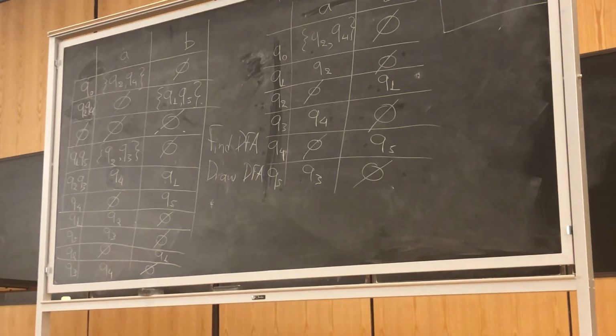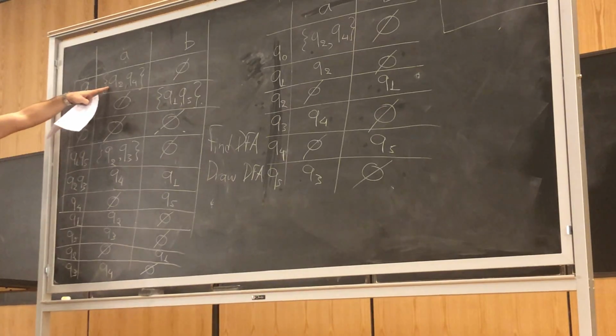Okay. You tell which state is the accept state. So what state is the accept state? How would you decide what state is the acceptance state?